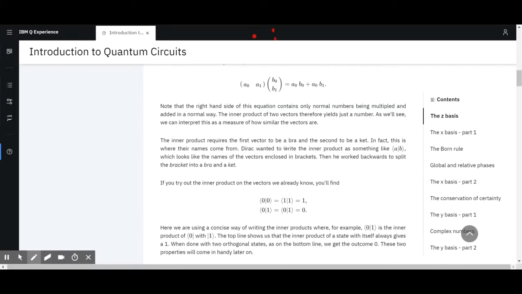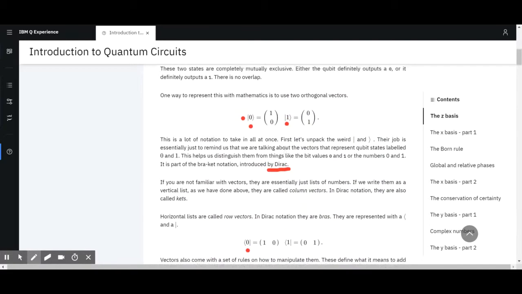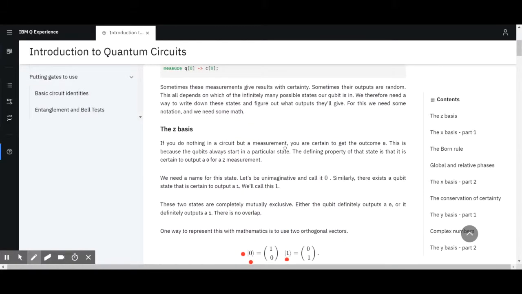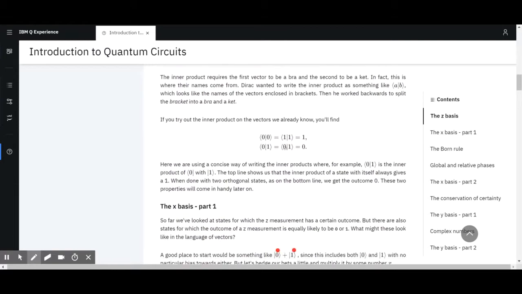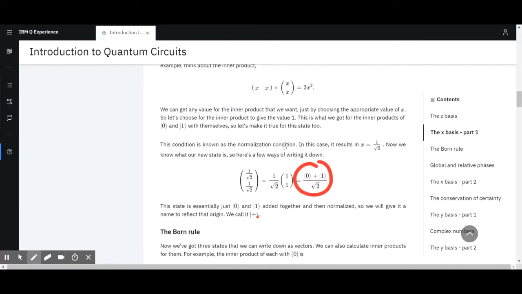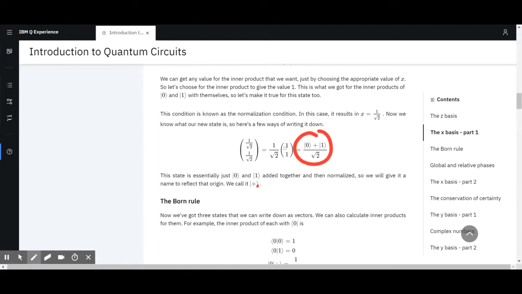But I think that's going to be explained later. I'm tricking myself right now because I know a bit of this, and it just confuses me the way this is being introduced. But here we are defining a state plus, which is basically that.